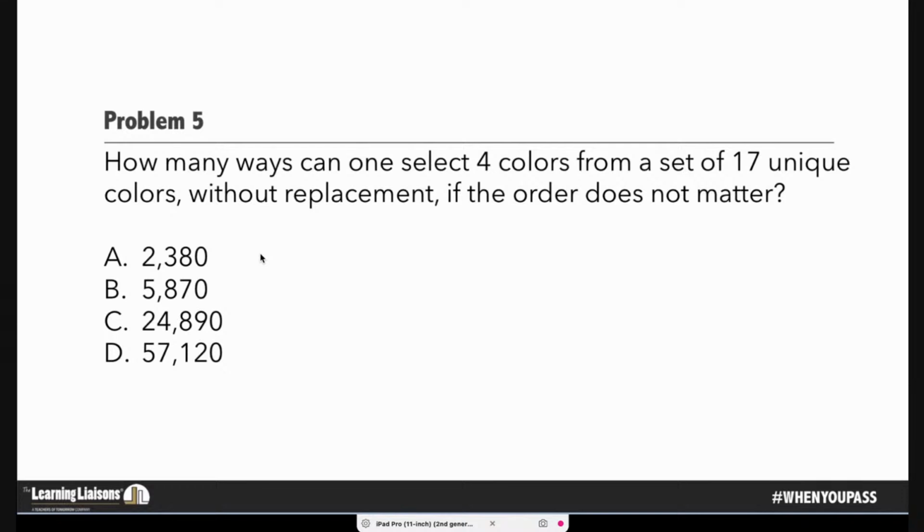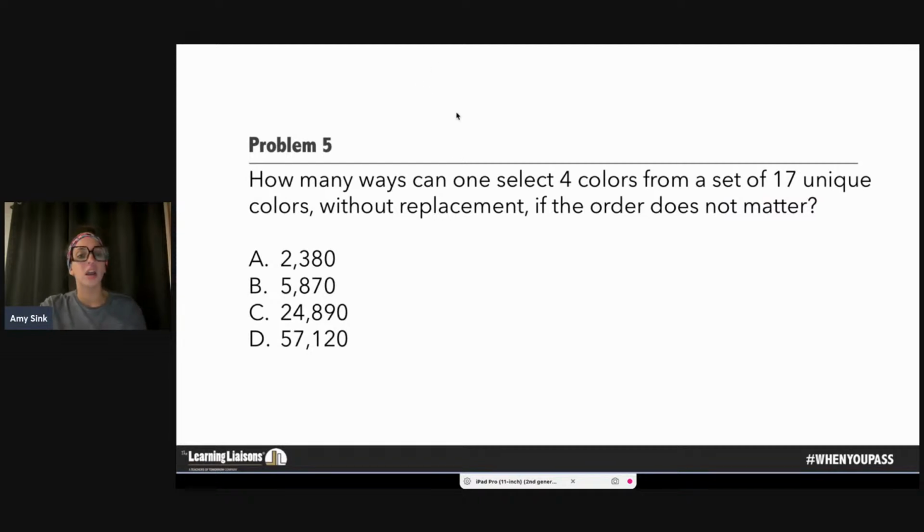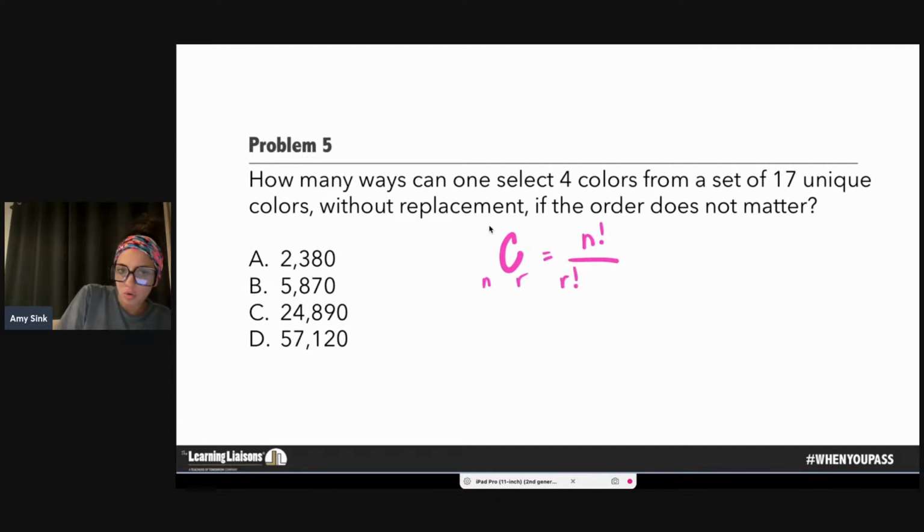All right, so this would absolutely be the combination formula. And people often get combination and permutation mixed up. But this would absolutely be our combination formula, which says n factorial divided by r factorial times n minus r factorial.